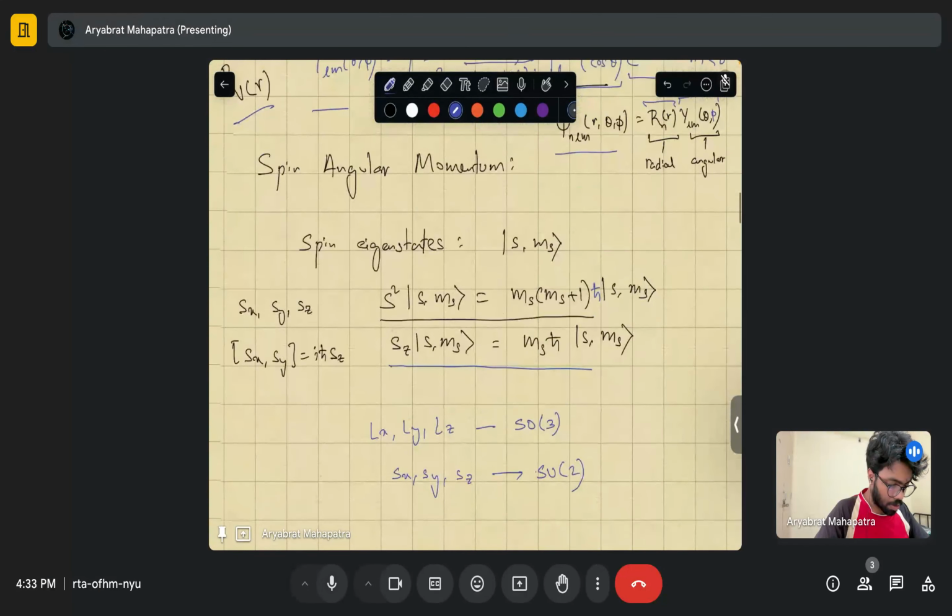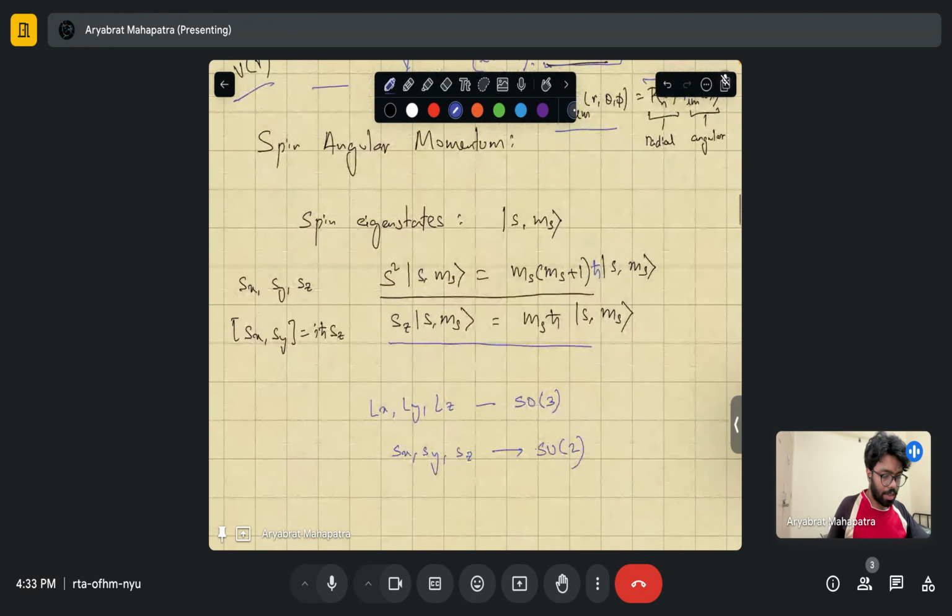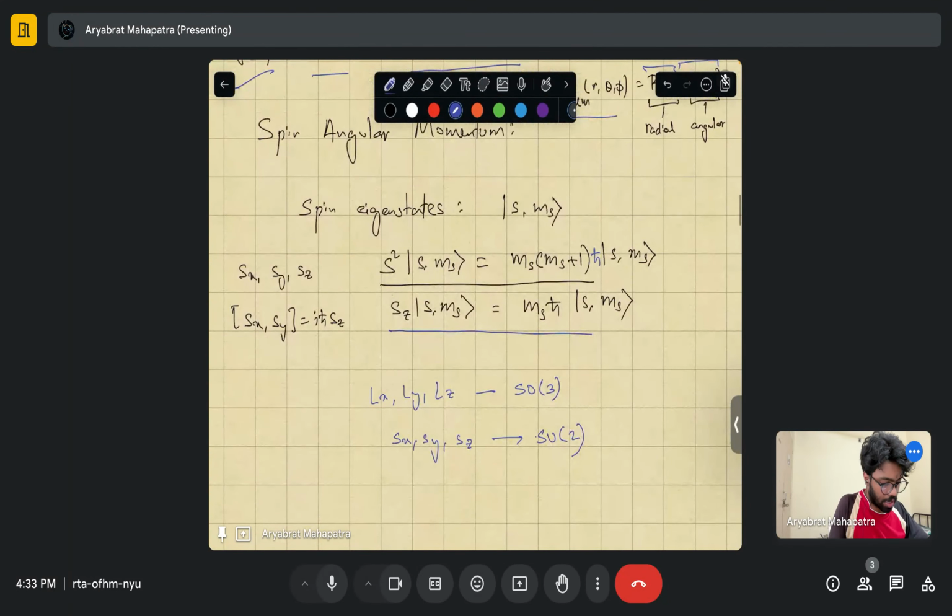In the same way I was talking about spin angular momentum. I am writing the spin angular momentum algebra, and the eigenstate relations, in the same way as for orbital angular momentum, because they share a common form of algebra. But at the end of the day they are not really the same thing. If you look at the exact mathematical structure, they differ a lot.